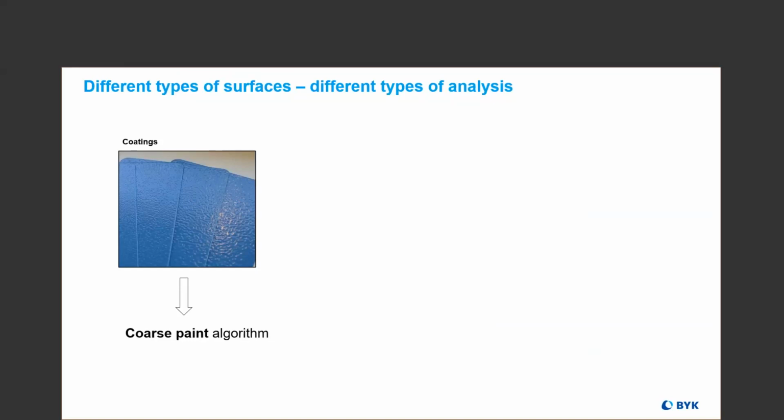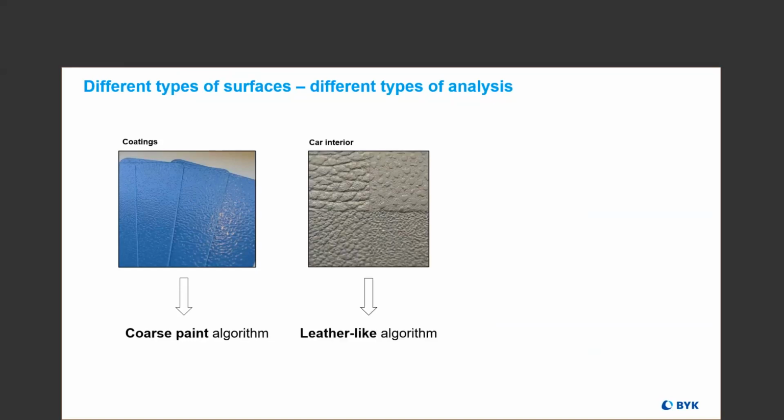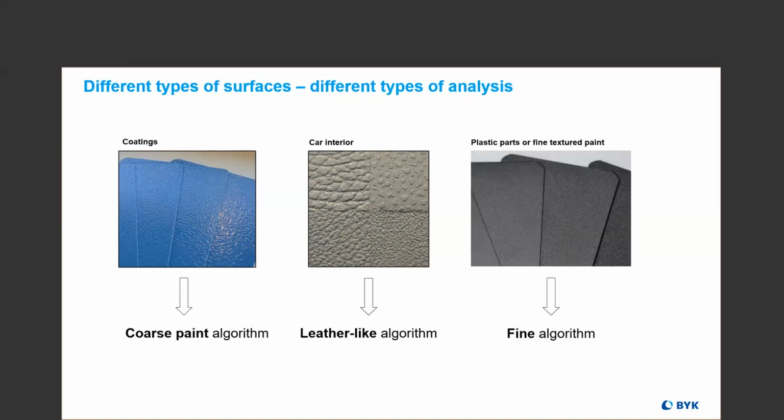We have the Leatherlike algorithm, and that's for materials that are meant to mimic the look of leather, like structured vinyl that you might see in a car interior or maybe on vinyl upholstery. And we also have the fine algorithm, which is good for fine structured paints and plastics as well.